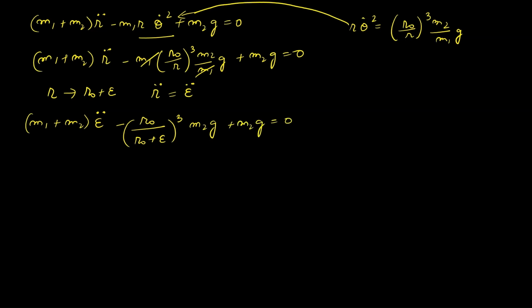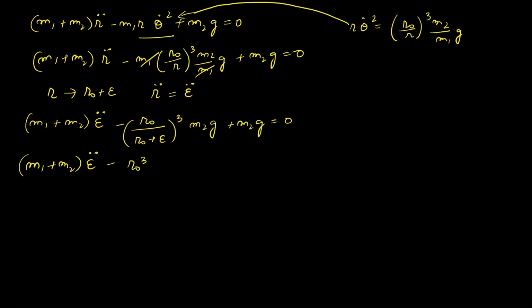Now what I can do is take this term. From here I can take R0 common, bring this term into the numerator and expand it. So m1 plus m2 epsilon double dot minus, R0 cube will be there.